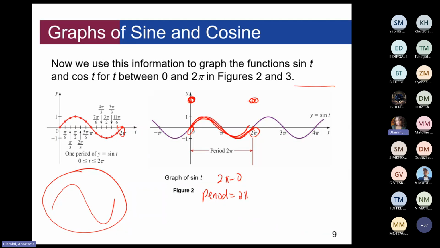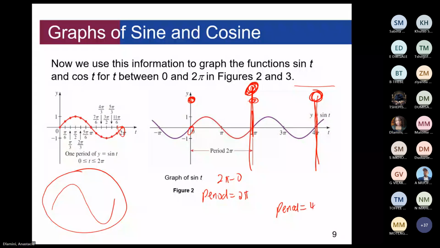I can also do from here to there. Do you see another complete period of sine? So then I check the distance from here to there. The period is equal to 4 pi minus 2 pi, which gives you 2 pi. Do you see how to find the answer for that graph that is in your work?